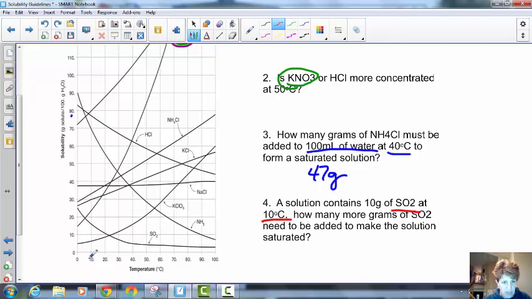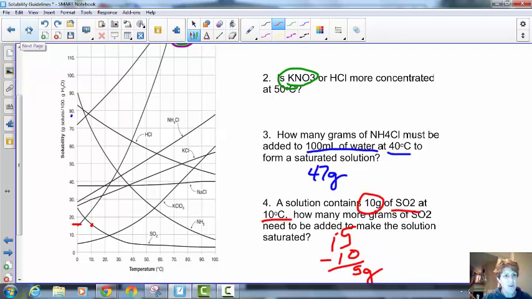So I go down here to 10 degrees and I go up to SO2. There it is. I would say it's around 15. And a solution already contains 10 grams of it, so how much more has to be added? I would go, it can hold 15, I already have 10, so I could add 5 grams more. That would be the answer to my question.